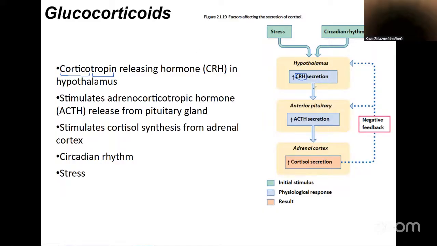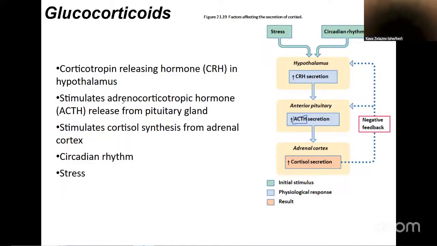It goes down through the portal system into the anterior pituitary. So this is our hypothalamic pituitary axis. And when we say axis, we're thinking through line. That's a formal way we refer to these pathways. Okay. So when we get to the anterior pituitary, we stimulate ACTH secretion.